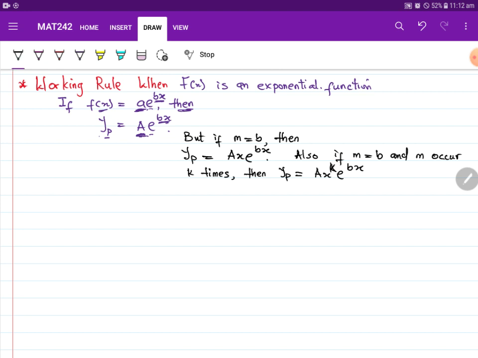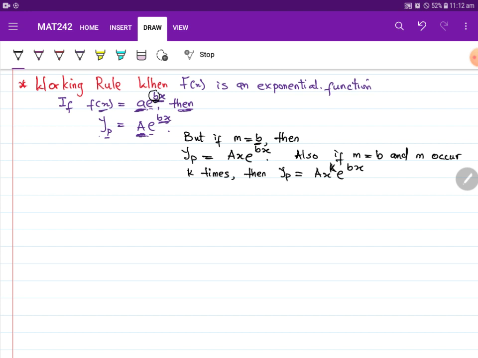But we now put a condition by saying if m is equal to b, the power of our exponential here is b. Now, if you solve your auxiliary equation, that's your yc, complementary function, and you end up having one of your roots to be the same value as our b here.